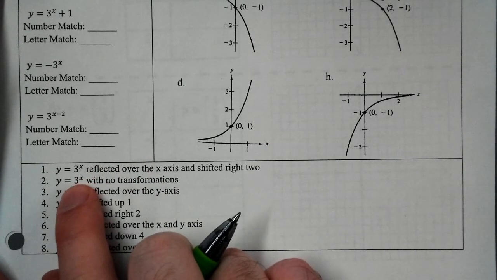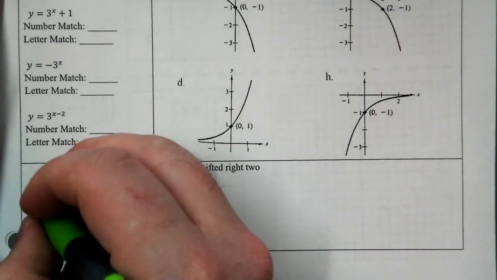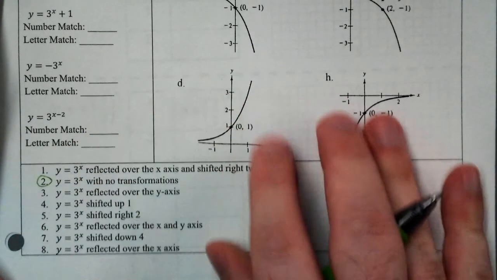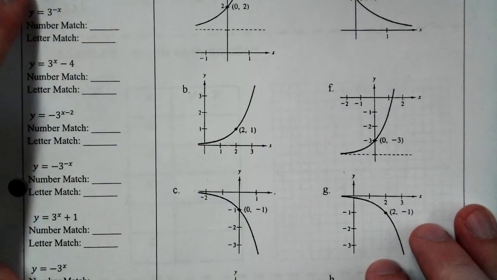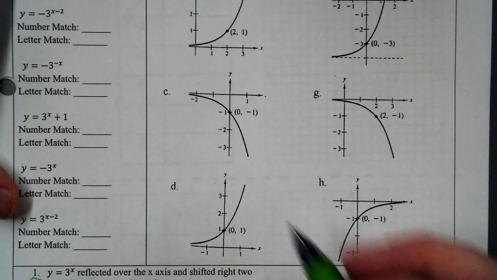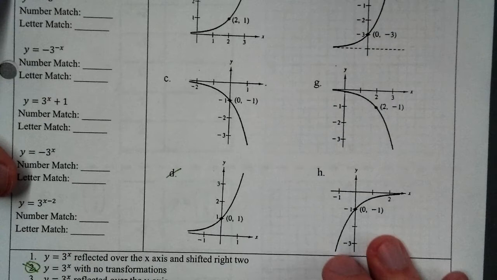Well, it's just y equals 3^x, and there's no transformation. This is going to be the base one. So let's use number 2. And so now we've used letter D, so we can't use that again, and we've used number 2, so we can't use that one again.